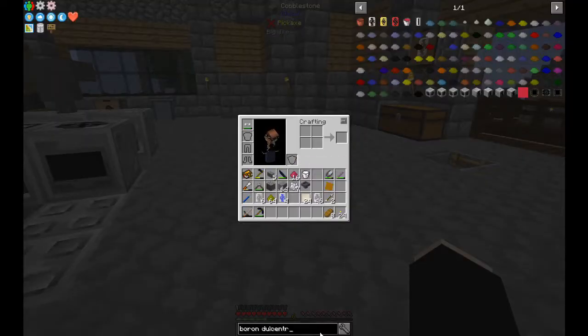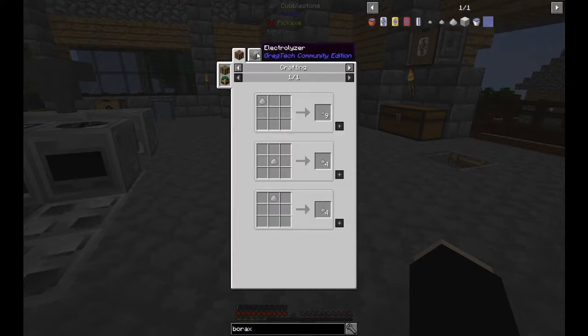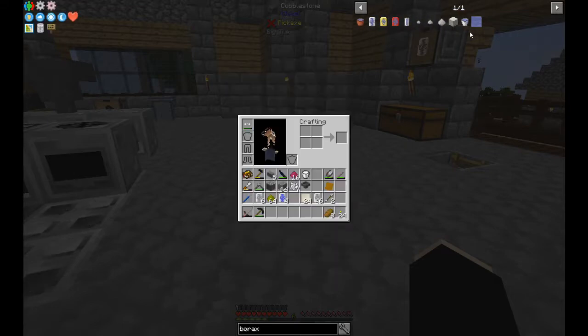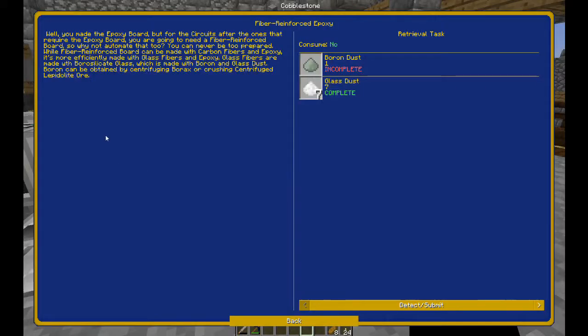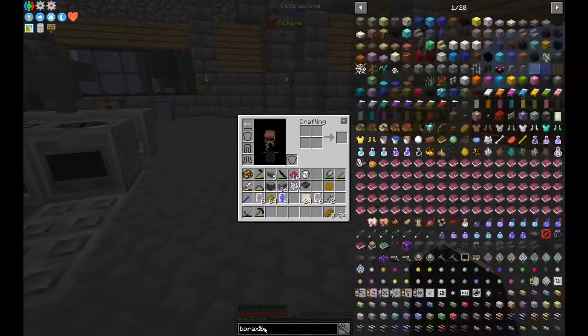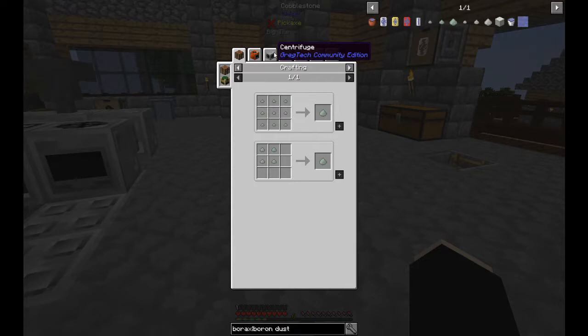Centrifuging borax. Borax what? Okay, boron does centrifuging.